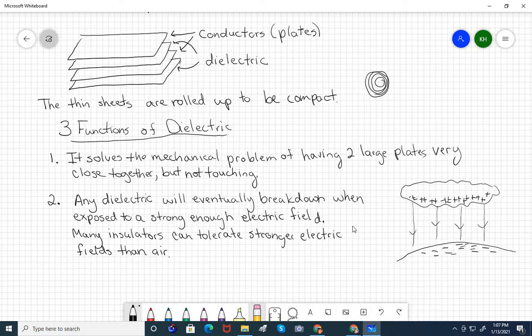All of a sudden, kabam, and we have electric current flow from the negative through the atmosphere, through the air, up to the positively charged cloud, or vice versa. And you go, well, how does that happen? It happens because the air becomes ionized. When the air becomes ionized, that's dielectric breakdown.